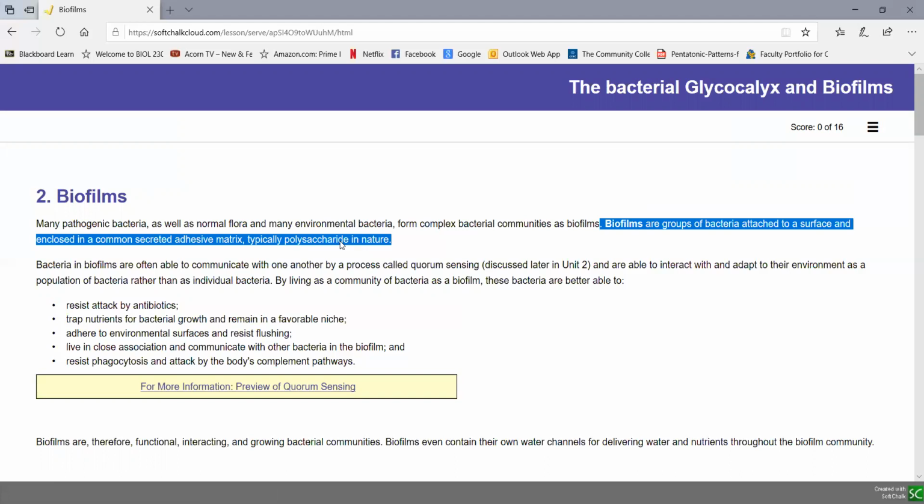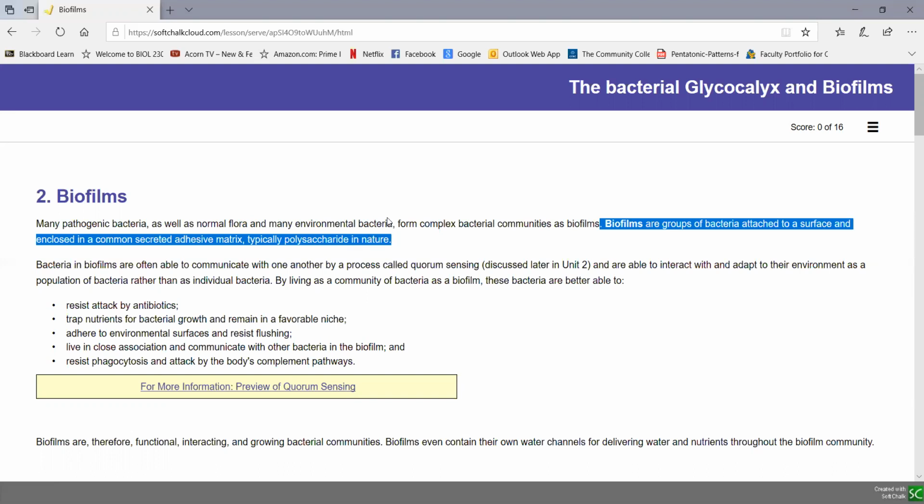In other words, that is the glycocalyx or capsule. So as the bacteria start replicating and secreting the glycocalyx, you get a number of bacteria enclosed in a common glycocalyx. And again, we're calling it a secreted adhesive matrix because it's allowing the bacteria to adhere to cells.